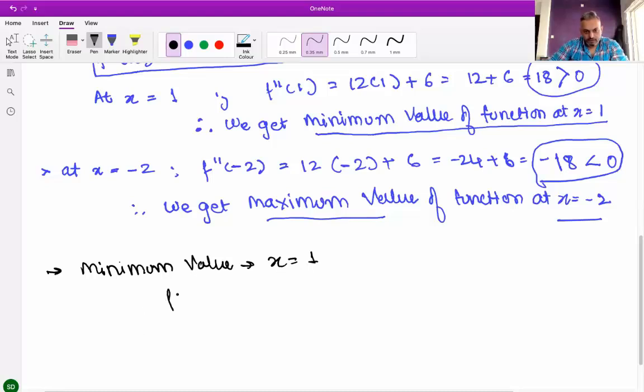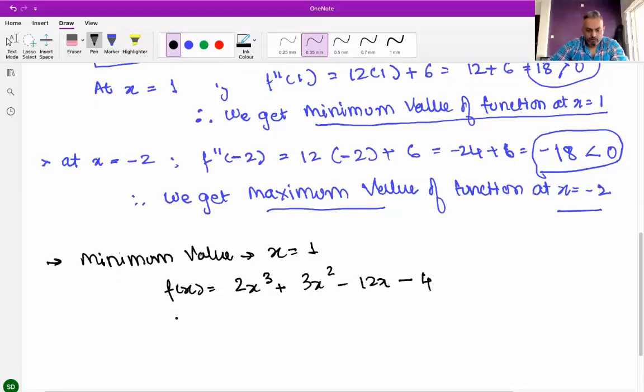The equation is f(x) = 2x³ + 3x² − 12x − 4.